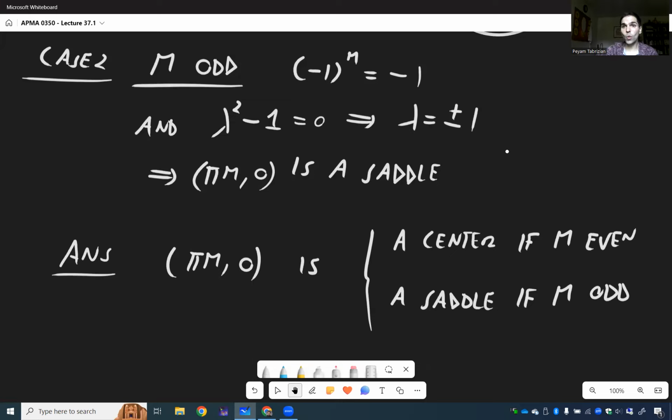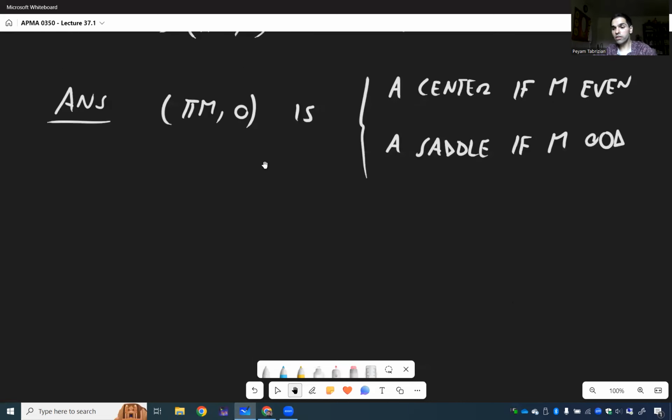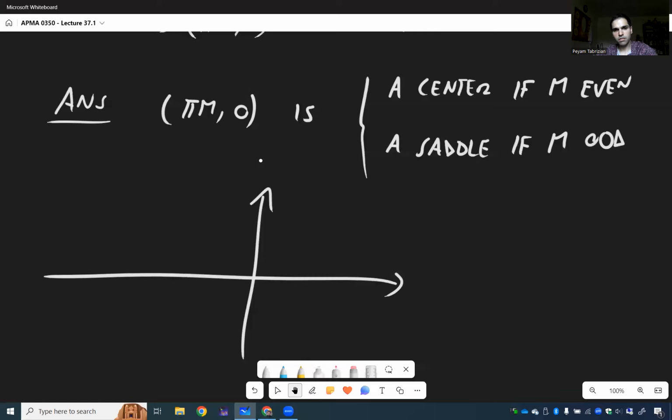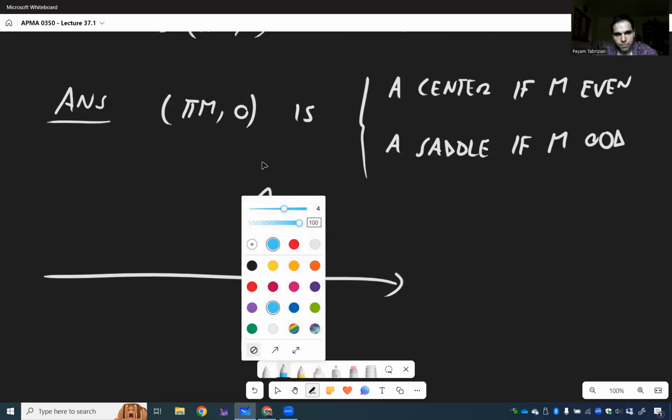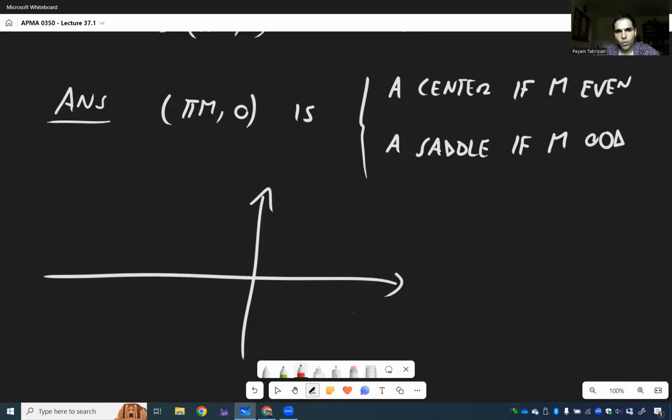So it's kind of cool. The equilibrium points all alternate between centers and saddles. Let me draw this with a cute picture. Whenever it's even, so think 0, 2π, 4π, it's a center, like this.